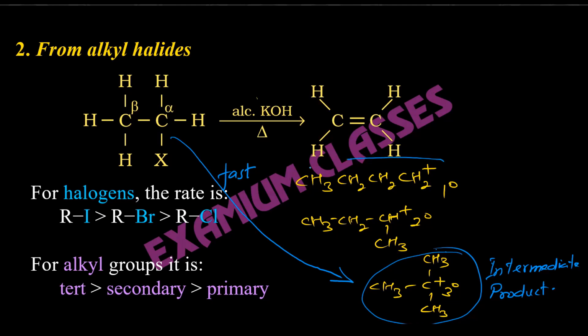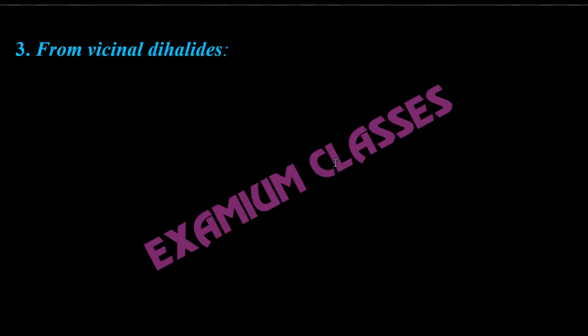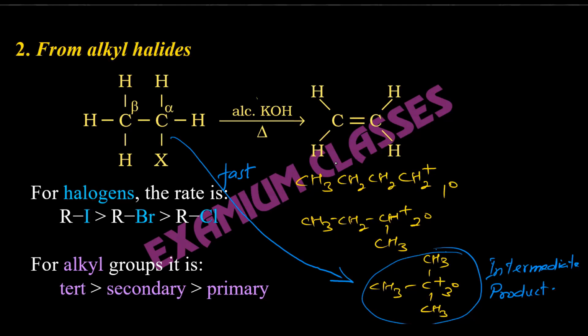Now suppose this product being produced is 1 degree, then this is not very stable. So if the product is not very stable, the reaction will not happen very fast. So this reaction will be slow because the product being produced is not very stable. That is the reason tertiary will be fastest, because the carbocation which will be produced is very stable.